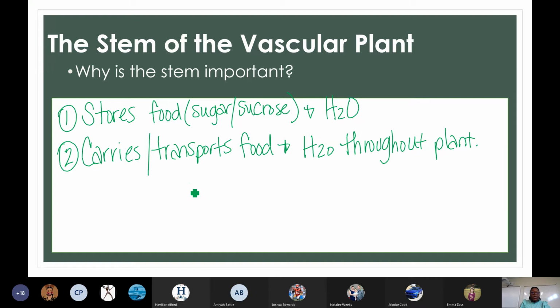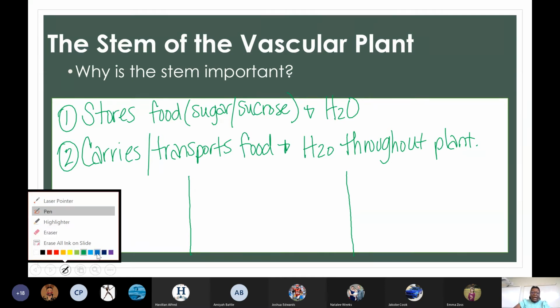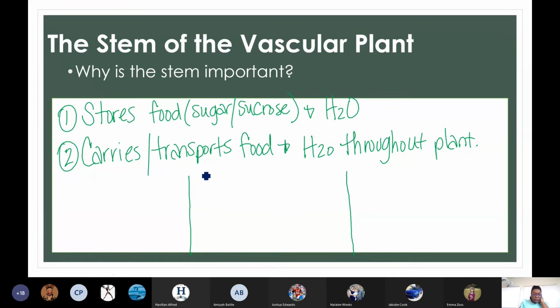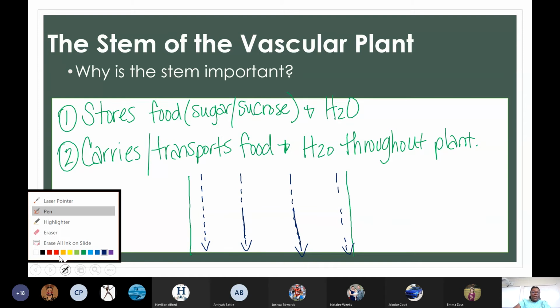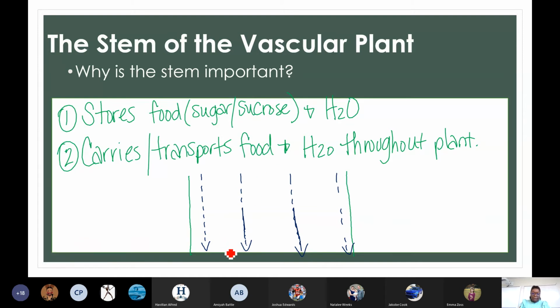So below our notes here, let's draw a thick cut of a stem. If I cut that stem in half, and it's a pretty fat stem, I'm going to see two different highways. I'm going to see a highway that's traveling down the plant, traveling down that stem, and a highway that's traveling north, traveling up our stem.